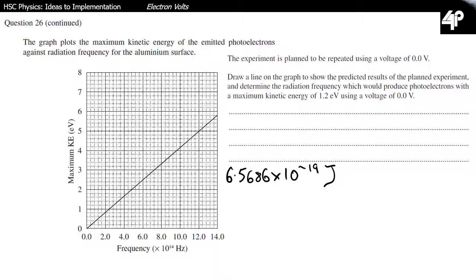So I can do this by using the Planck relation E is equal to hf. Let's put it through.